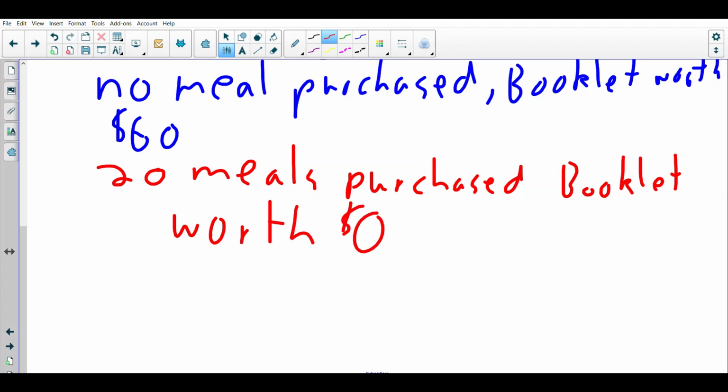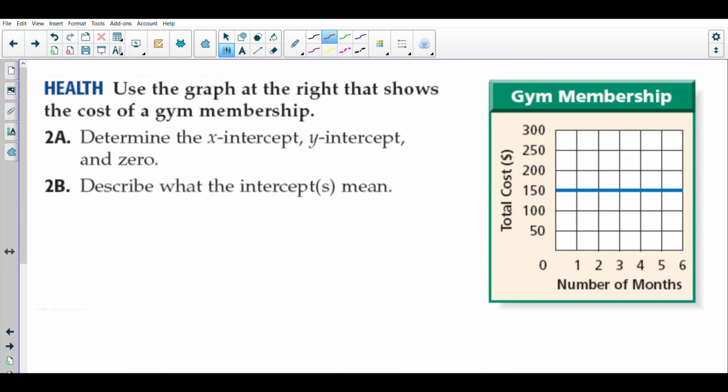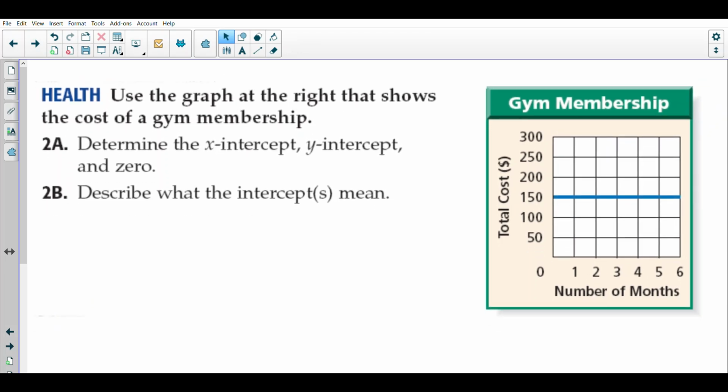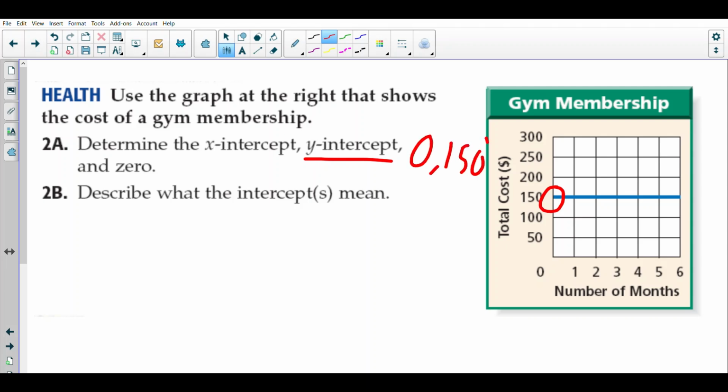All right. Okay, so use the graph at the right that shows the cost of the gym membership. In this one, if we look at it, it's just a horizontal line. So we can see that the y-intercept is right there, at (0, 150). But there is no x-intercept.